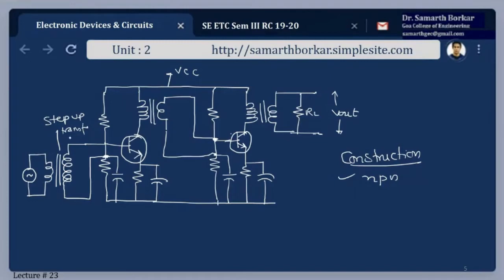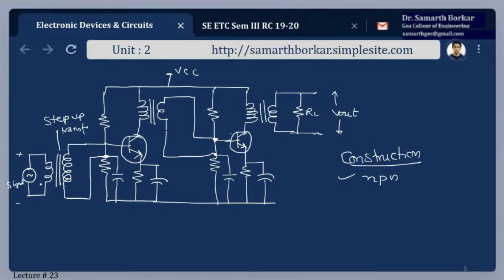Check out the number of turns. For a step-up transformer, the number of secondary turns is more as compared to the number of primary turns. So it will step up the signal and increase the voltage strength.